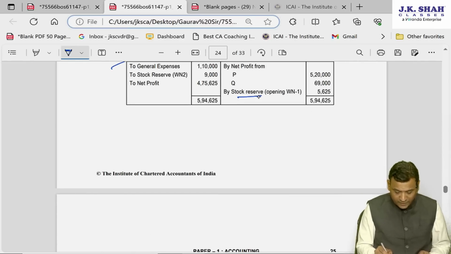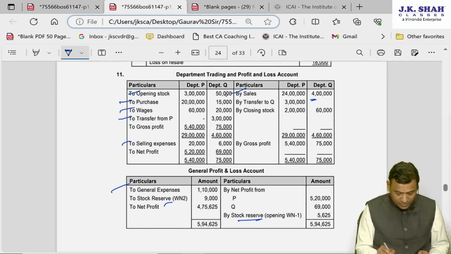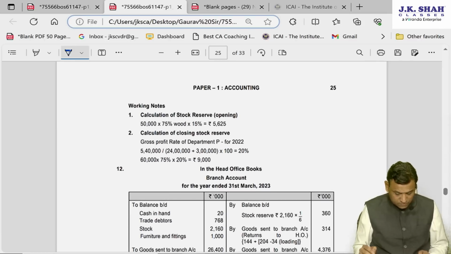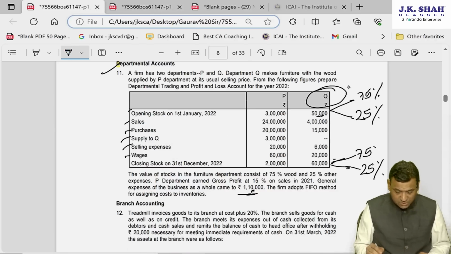Now, how much opening stock reserve and how much closing stock reserve? So, opening stock of Q department is 50,000. On that, 75% bifurcation.